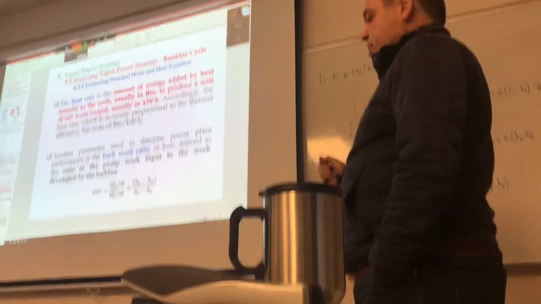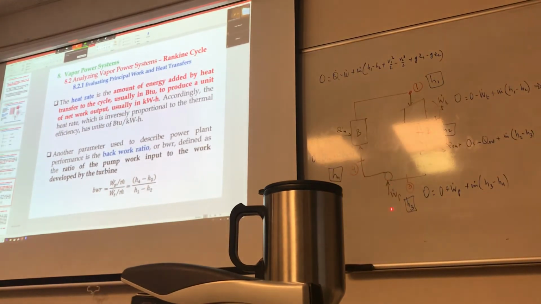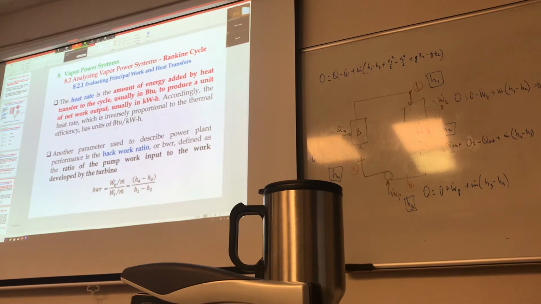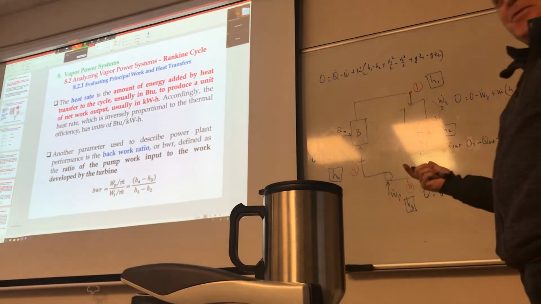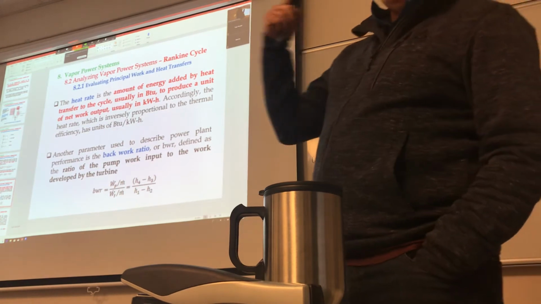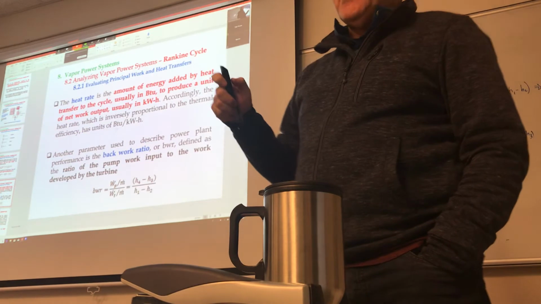Back work ratio. In this power plant that you see here, we're producing turbine work, but we are also spending pump work. Now, do you want the pump work to be high or do you want it to be low? Low. Do you want the turbine work to be high or low? High, obviously. So you want WT to be as high as possible and you want WP to be as low as possible.